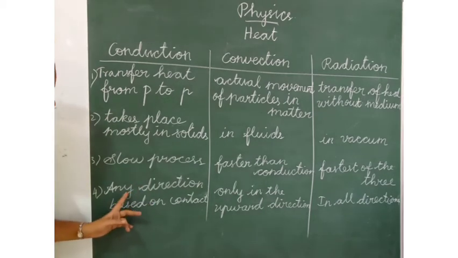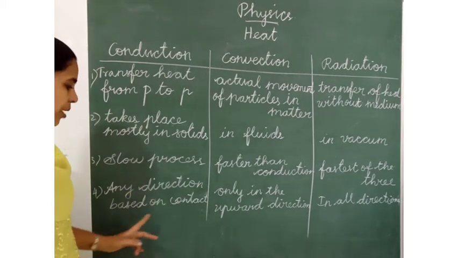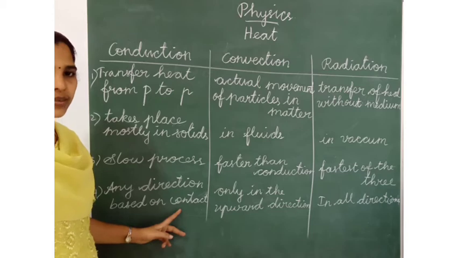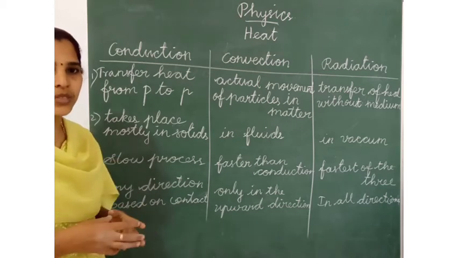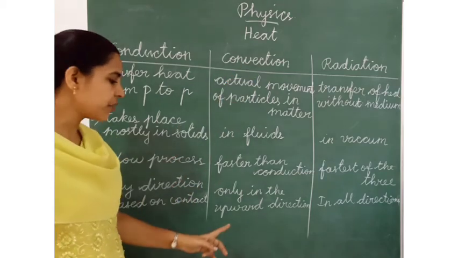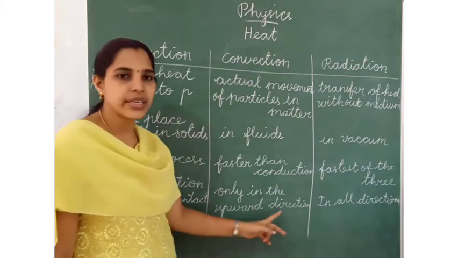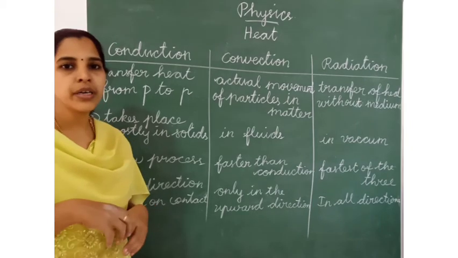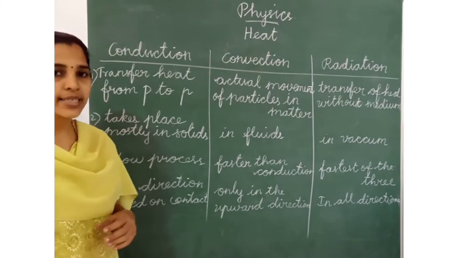Next, the direction. In conduction, heat can travel in any direction. In convection, it is only in the upward direction, because the warmer particles rise up.